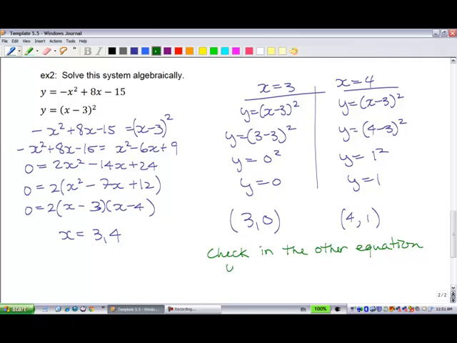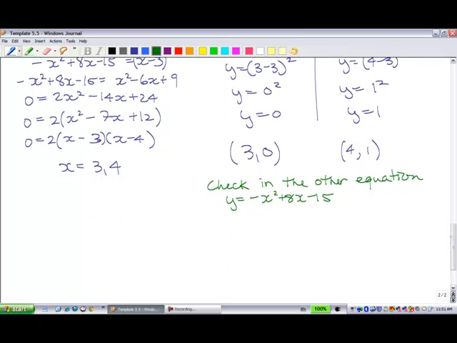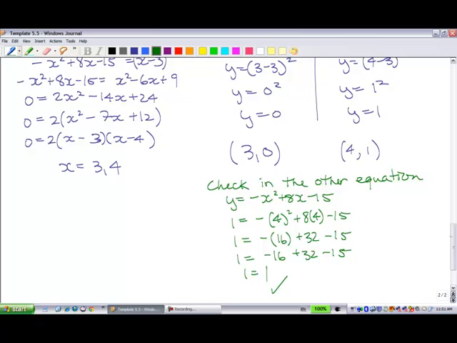Let's actually check it in the y equals negative x squared plus 8x minus 15 equation, and see if it holds true for that. 1 equals negative 4 squared plus 8 times 4 minus 15. So we have negative 16 plus 32 minus 15. Turns out that negative 16 plus 32 minus 15 is 1. So great, that works.